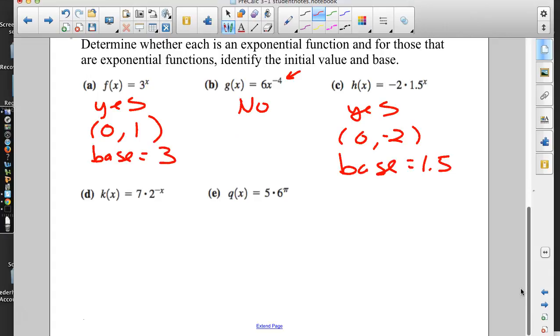D. Yes? Yes. Is it okay that it has a negative in front of it? That's not okay. But we know how to deal with that. What do negative powers do for us? Fractions. They're reciprocals for fractions.